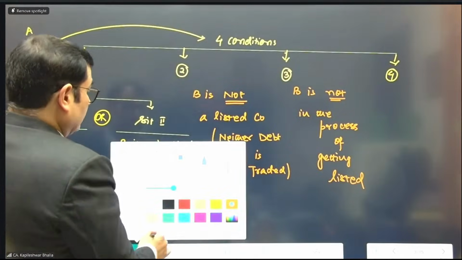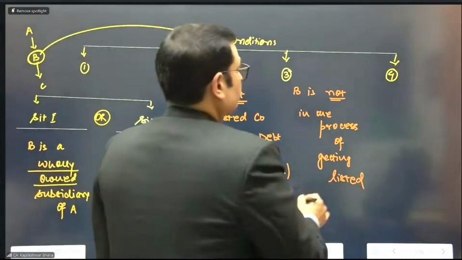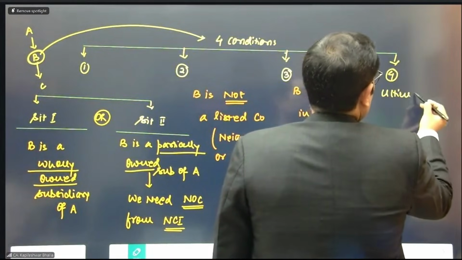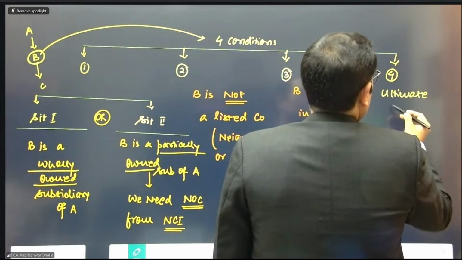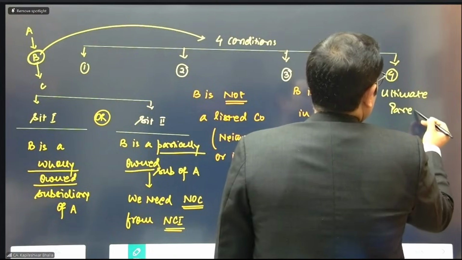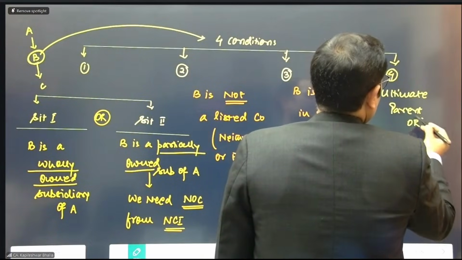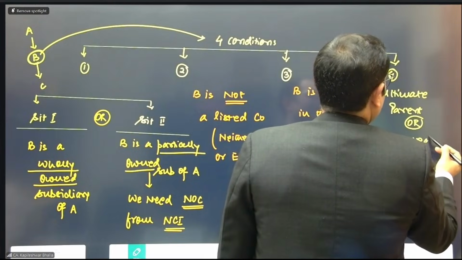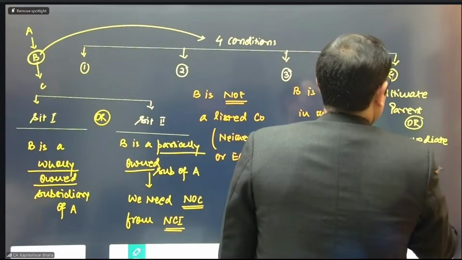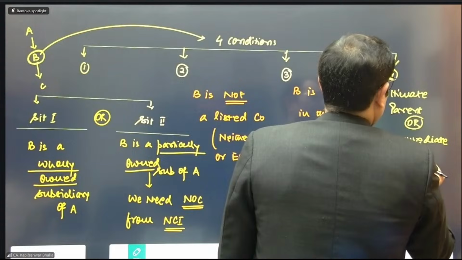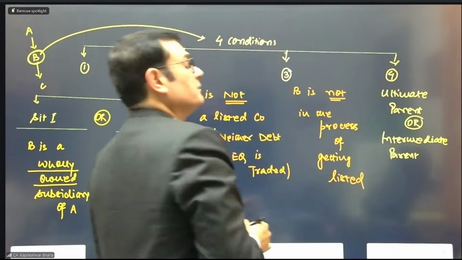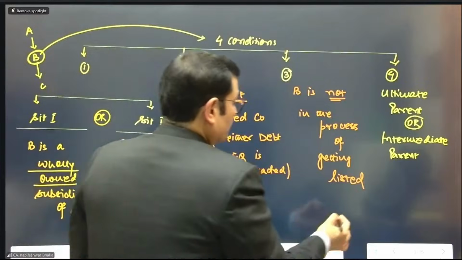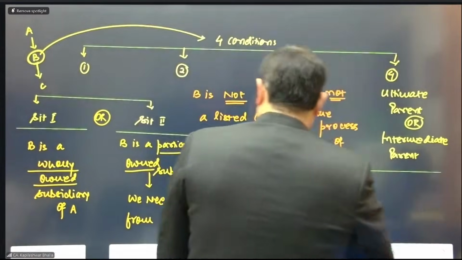And finally, the condition number 4 is the ultimate parent, or we can say the intermediate parent. So the chain gets longer, you'll have ultimate and intermediate parent. I would say there are 2 factors.